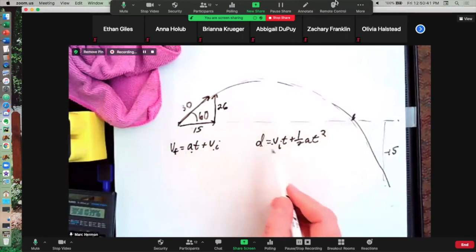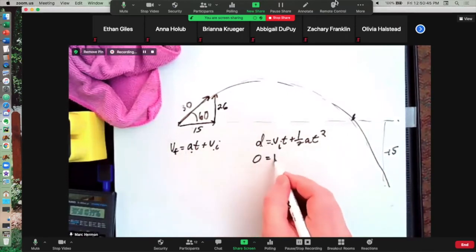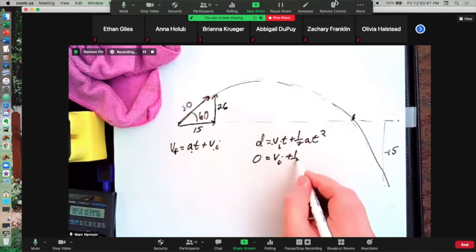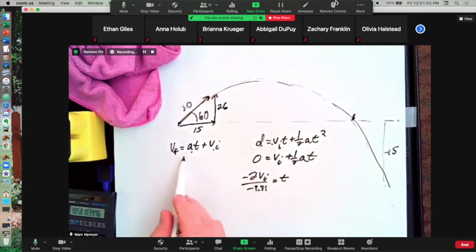0, right? And then I could divide everything by a time. So you'd have 0 equals VI plus 1/2 AT. We take your VI over here, and it'd be a negative 2 times VI divided by negative 9.81 would be my time. And that would actually be the same answer as this, negative 2 VI over negative 9.81, right?